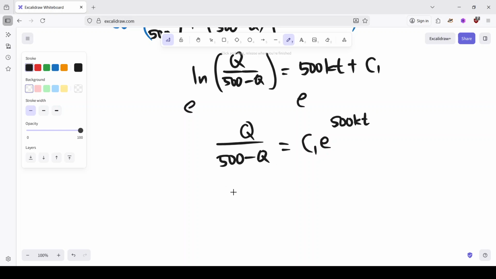Right? Then we can simplify this some more. So we can have q is equal to 500 minus q times c1 e raised to 500 kt. So this will be our working equation for this problem.